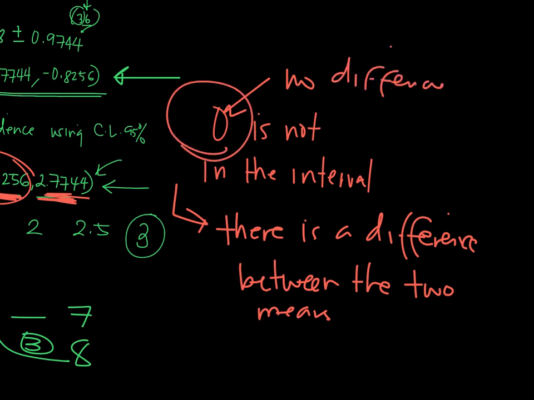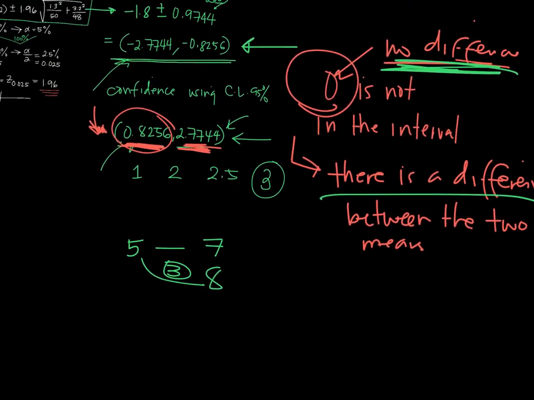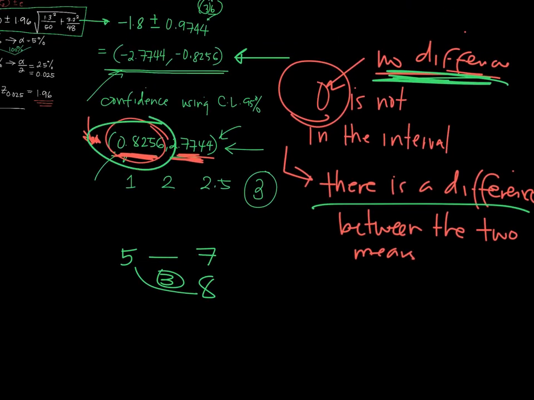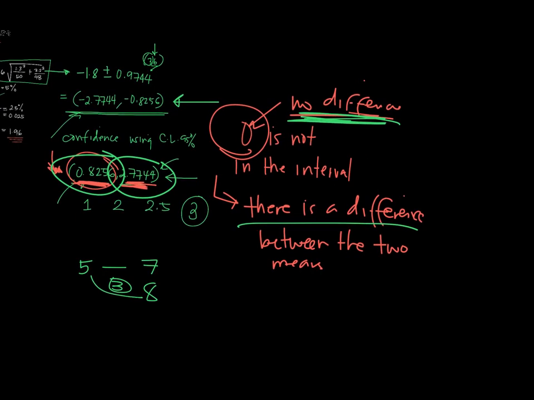Since zero is not there, the conclusion of no difference cannot be used, so we have to consider the opposite: there is a difference between the two means. In fact, they differ by about 1 to 2.5, or the difference between 2.7744 and 0.8256.